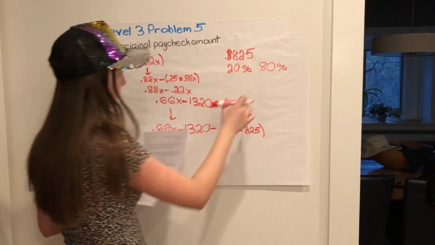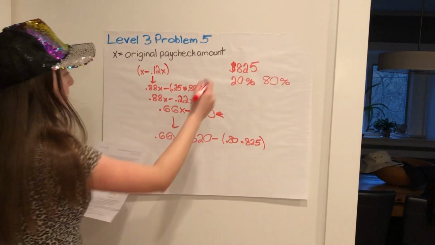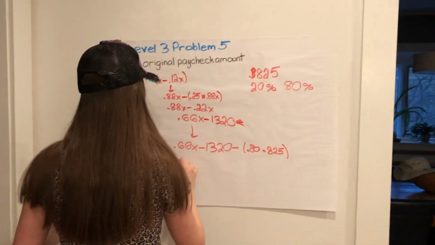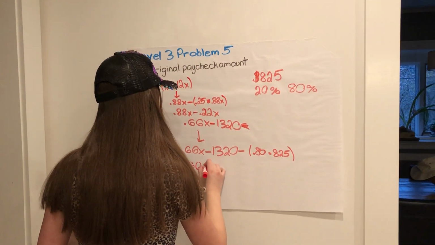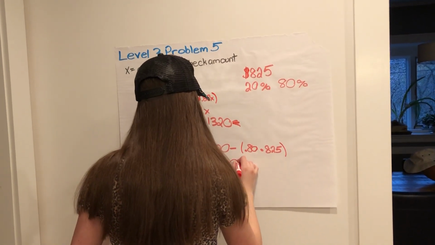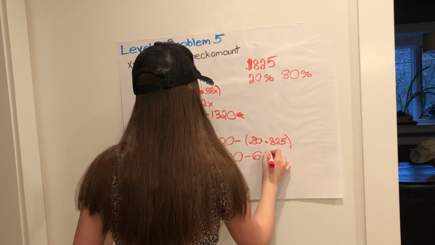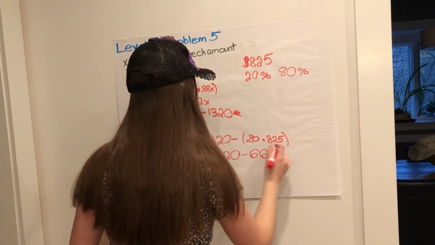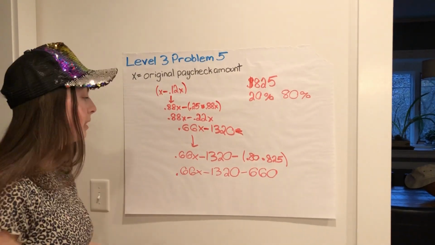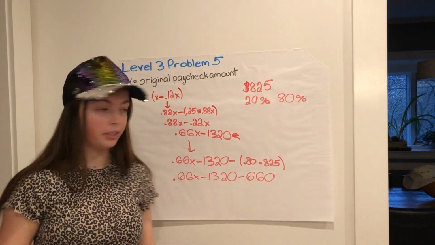Because you multiply them to get the amount he spent. If you did this out, 80%, you can multiply that out, and you would get 0.66x minus 1320 minus 660. That's the 0.8 times $825. So he spent $660 on that computer.